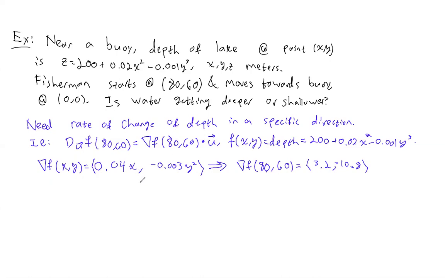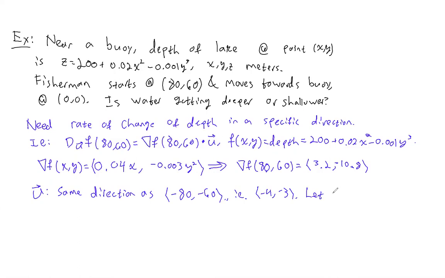And so we've got our gradient, and now we need to find out what u is. Now u is in the same direction as negative 80, negative 60. That much we know. That's the same direction as negative 4, negative 3, after factoring out 20.